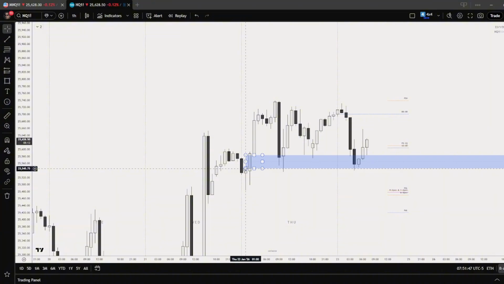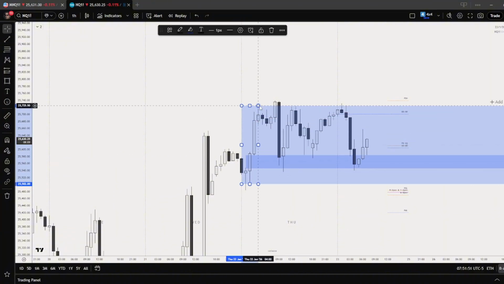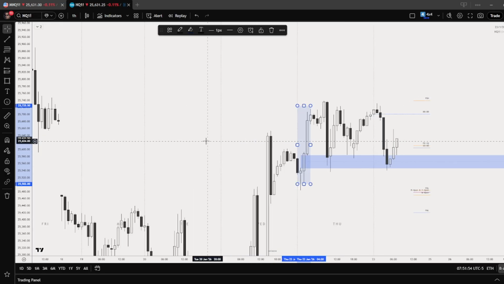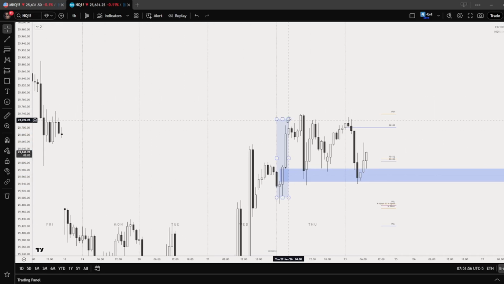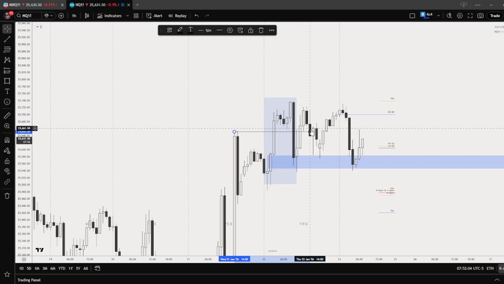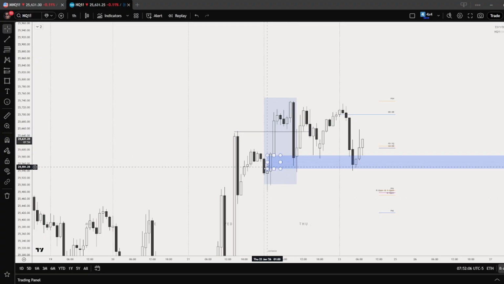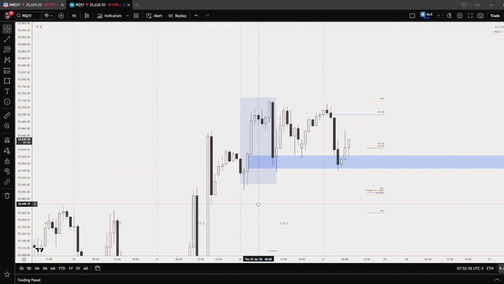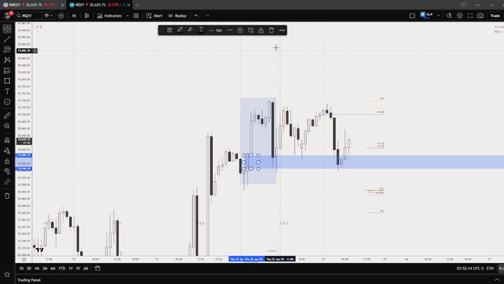This is the first presented fair value gap in that leg higher. So this leg higher, this price through previous day high, and the first fair value gap of it was this one. Pay attention to the first fair value gap of a new leg.